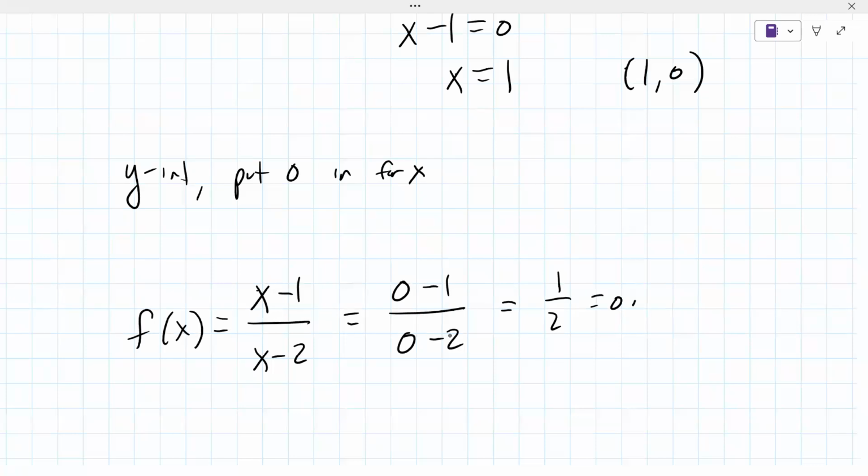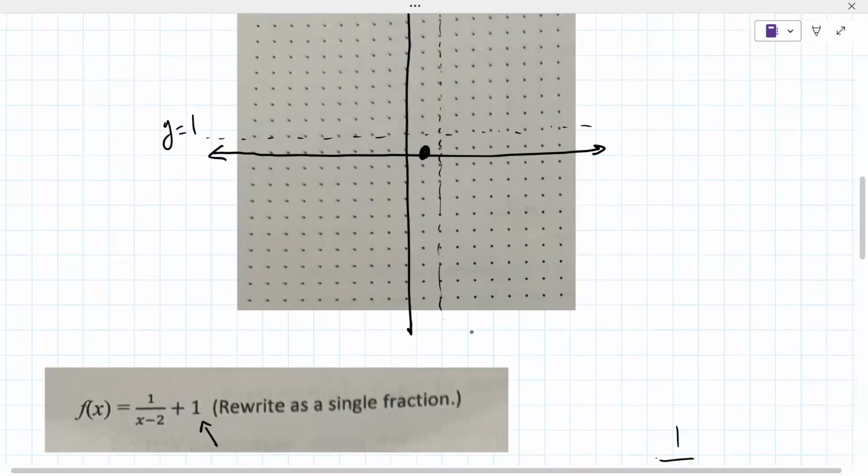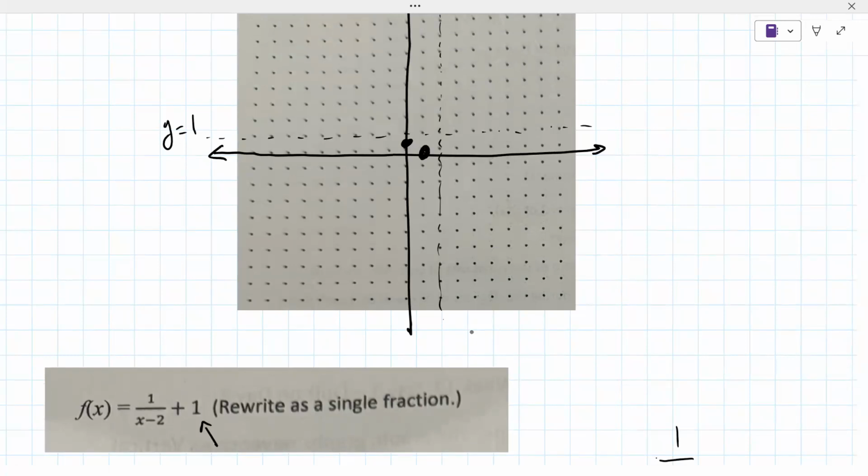Yes, or 0.5. So that's 0 comma 0.5. Plot that point on your graph. You'll find it's right there. I'll plot that in.